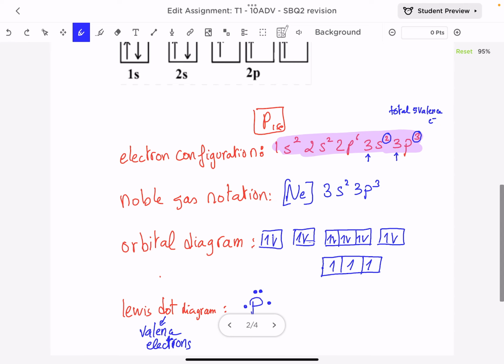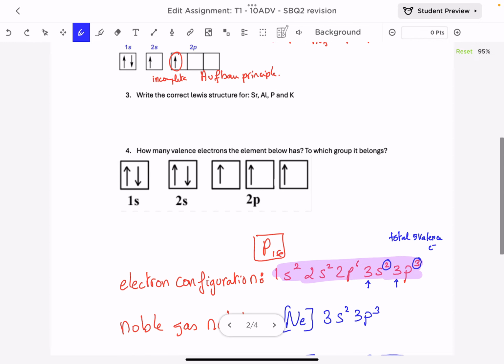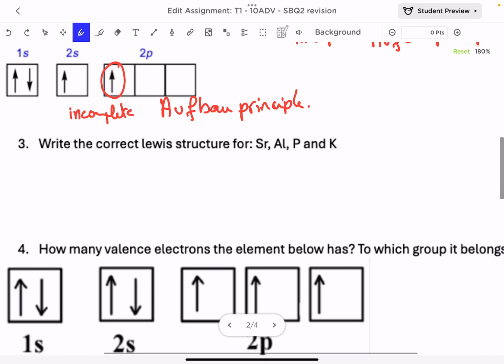Okay, now going back to the questions: write the correct Lewis structure, or Lewis dot, for Sr, Al, P, and K. P, we just did. Phosphorus: 1, 2, 3, 4, and 5.